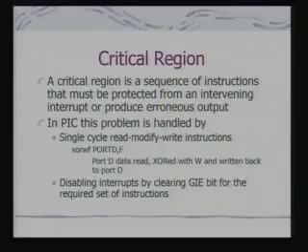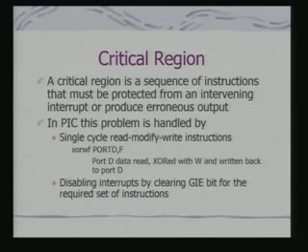Next we come to the concept of critical region. A critical region is a sequence of instructions, we have referred to that in the last class as well, that must be protected from an intervening interrupt, or otherwise it may produce erroneous outputs. And in a PIC this problem is handled in two ways.